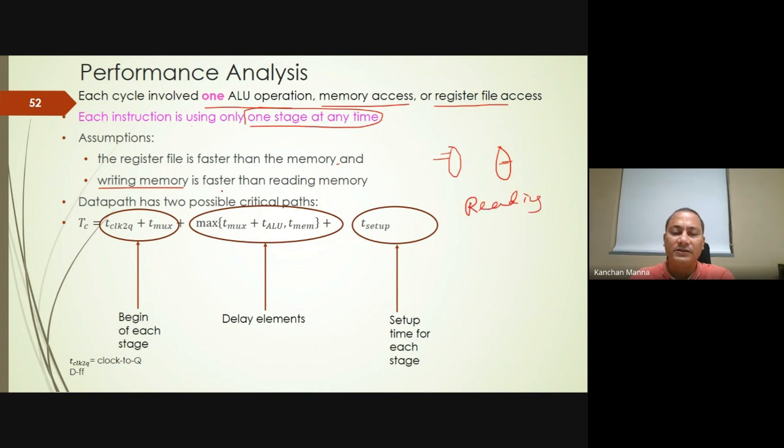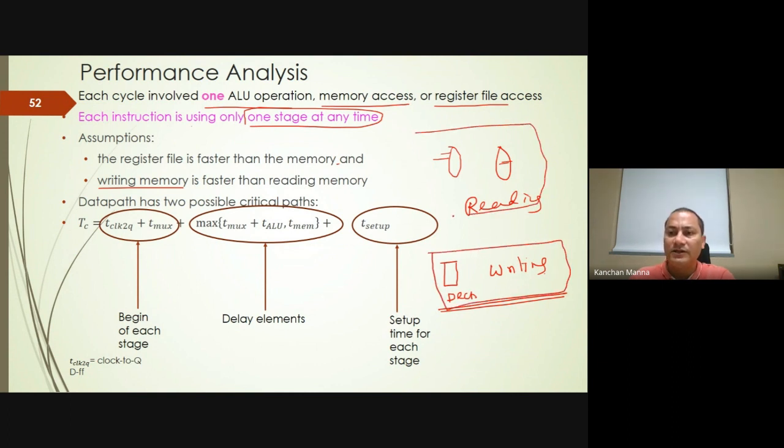However, for writing to the memory, we have only one level of decoder. So you see here we have only one level of decoder, and here we have two levels of multiplexer. This is the decoder.